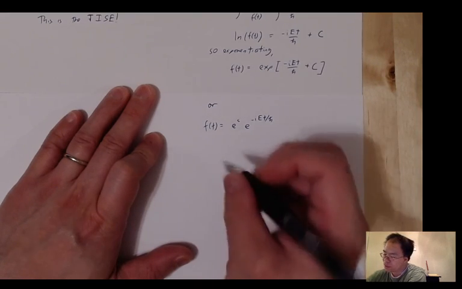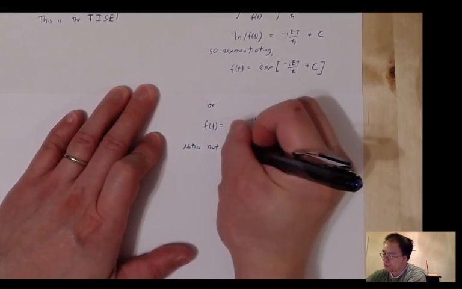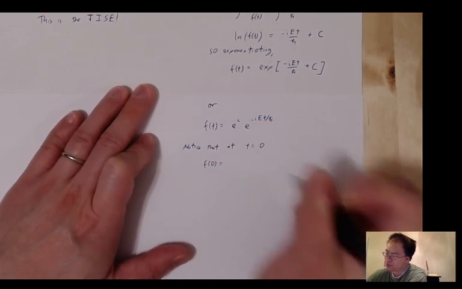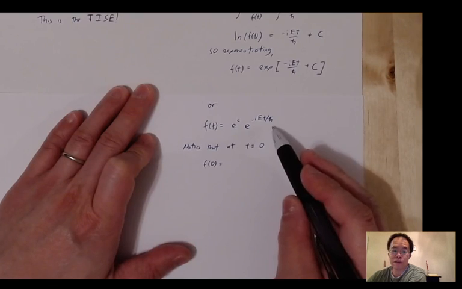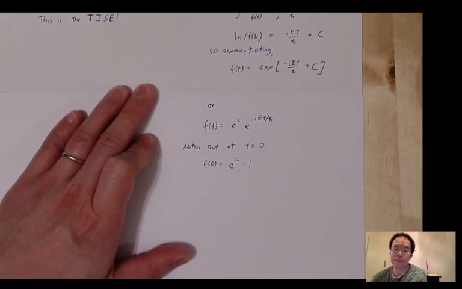Notice that at t equals 0, the exponential goes to 1, so f of 0 equals e to the c times 1.